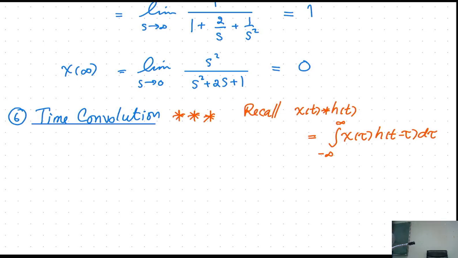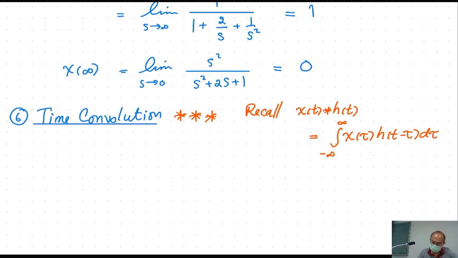You should be able to remember this in your dreams. When you dream about this integral, when you wake up with this integral, and when you eat with this integral. This is how important it is.